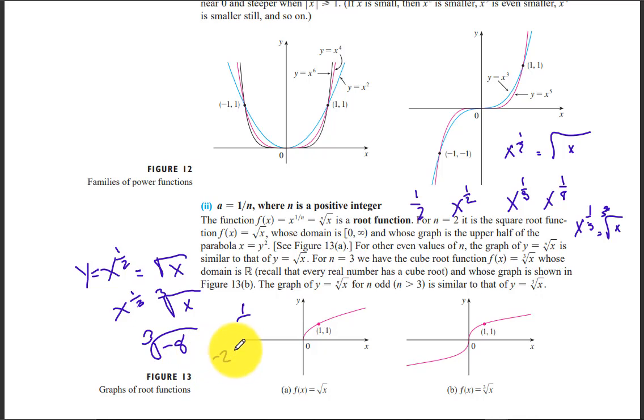So we don't have to deal with imaginary numbers. So we can put in -8 and get an answer of -2 here. Okay? So in that case, when n is odd, we can take the nth root and we can extend the domain to negative numbers as well.